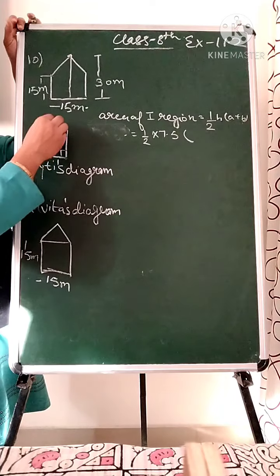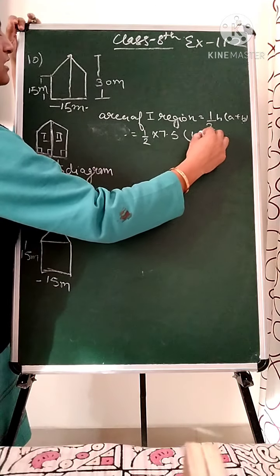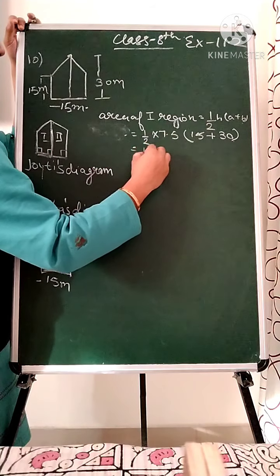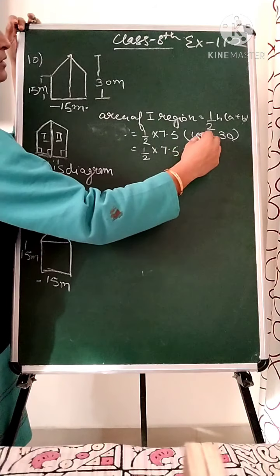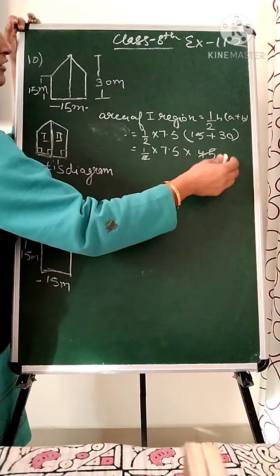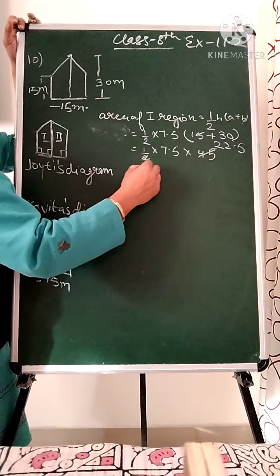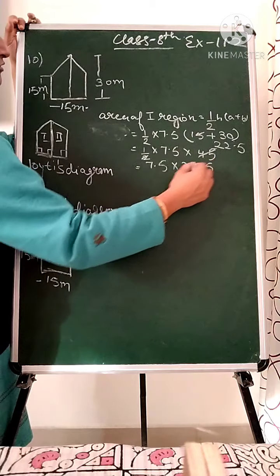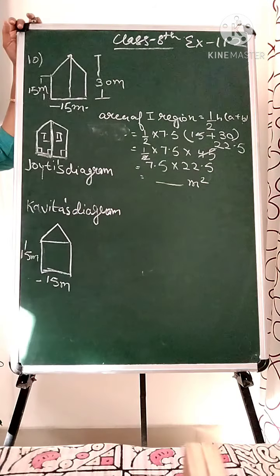One is 15 meter and second one is 30 meter, 15 meter plus 30 meter. Now 1 by 2 into 7.5 into 45. Solve the calculation, here it would be 2.5. Okay? Then multiply 7.5 into 2.5. Whatever the answer you get will come in meter square.